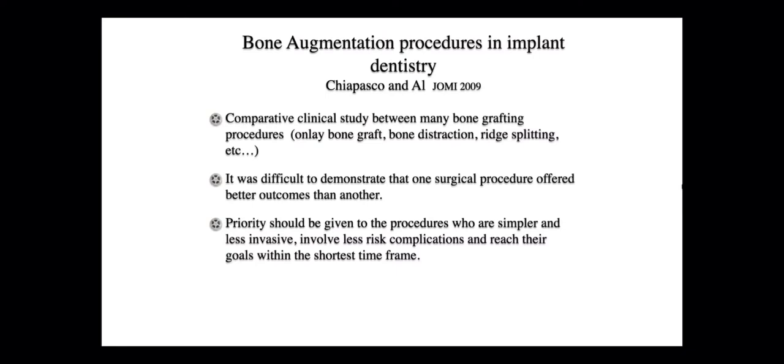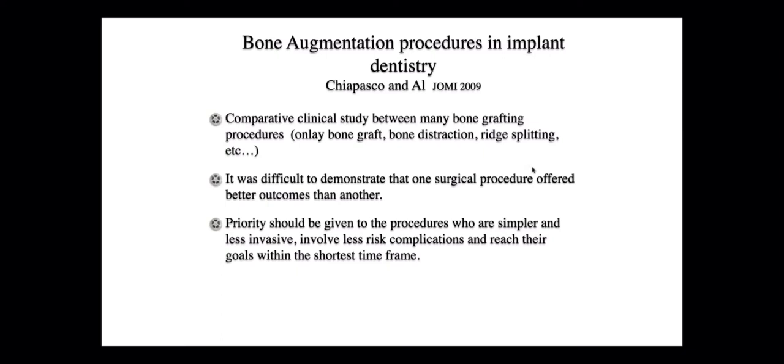In an article by Chiapasco and collaborators in 2009, they showed a comparative clinical study between many bone grafting procedures to show which procedure is actually giving us a better result.